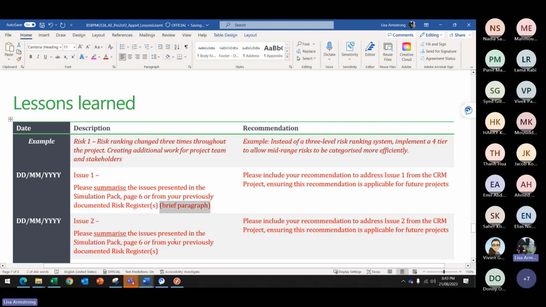What you're trying to show, though, Tan, really good question, is the relationship from this issue into your recommendation. There's a flow from this is the issue and this is what we're recommending to address that in the next project. And similarly with issue 2, the recommendation flows from that summary to address that issue. But you only need to list 2 issues, yeah? Yes, correct. Fantastic.